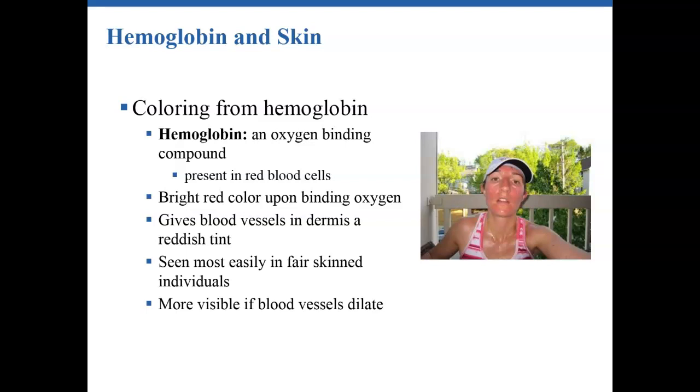Hemoglobin is that oxygen binding molecule inside of red blood cells. The more oxygen bound, the redder it becomes. And so we tend to turn very red when our blood vessels open up, vasodilate. This causes the blood to run to the surface of our skin and makes us look redder.